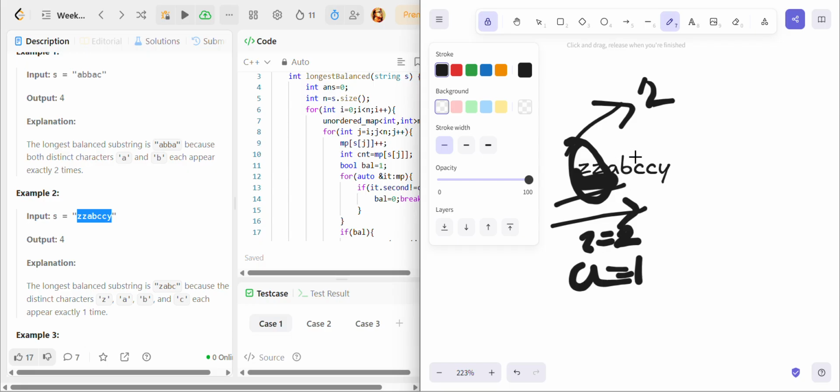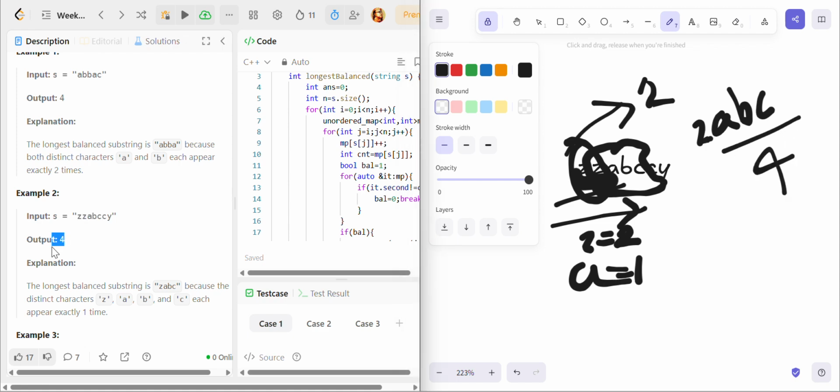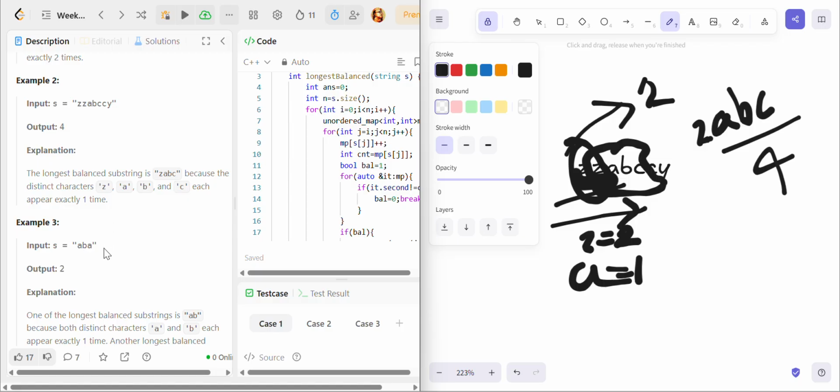Now again we can see here from z to ABC, this is the maximum length. Z A B C is of length 4, so it is 4. Here it is AB, therefore it is 2.